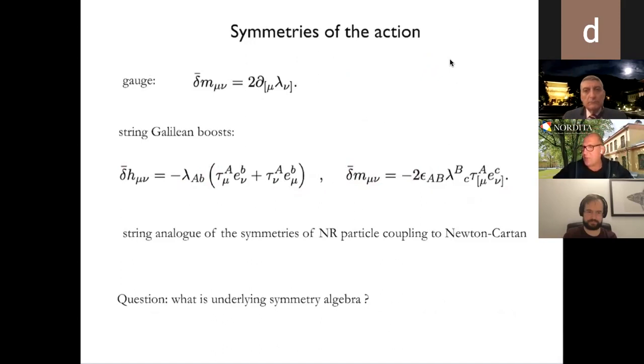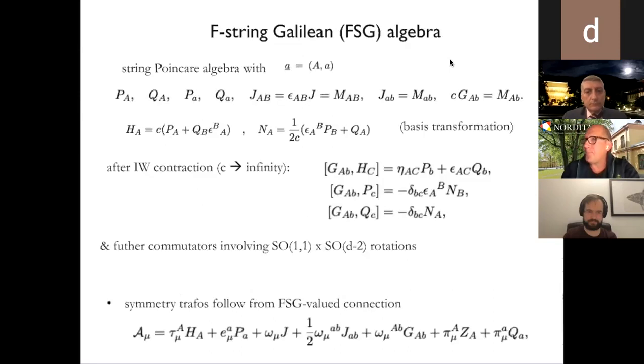Now, once you have these symmetries, you of course would like to know what's the underlying symmetry algebra, just as the underlying symmetry algebra for a non-relativistic point particle is the Bargmann algebra. It turns out you can get it again from an Inonu-Wigner contraction. Recall, I told you the Bargmann algebra can be gotten from a contraction of Poincare cross U1.